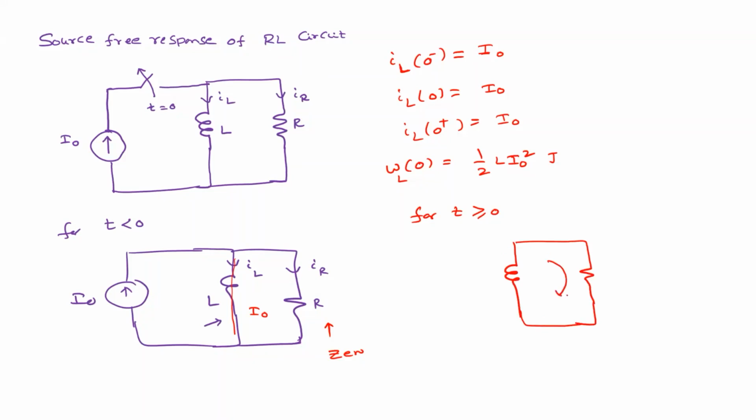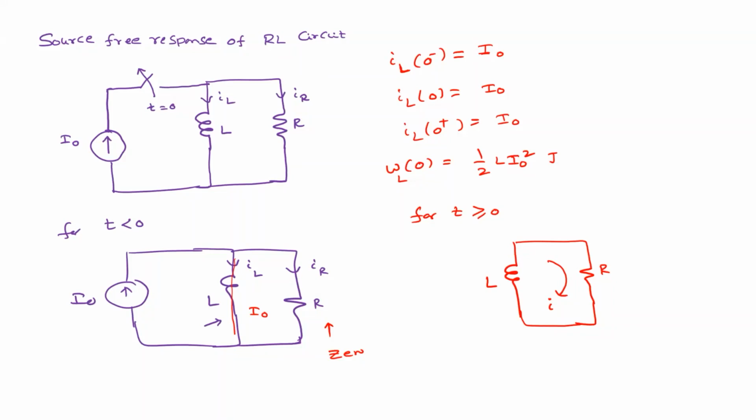So assume that this is the direction of current. For example, you have R here and you have L here. Assume that is the direction of current. What is the current flowing through the inductor? We'll come back to that.